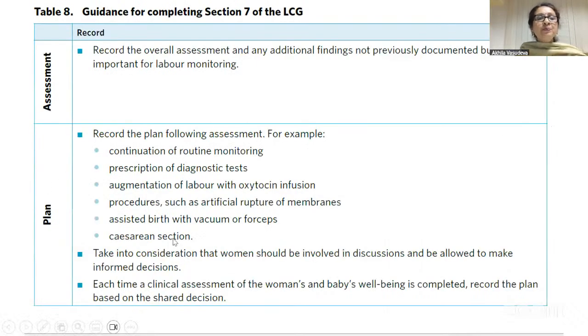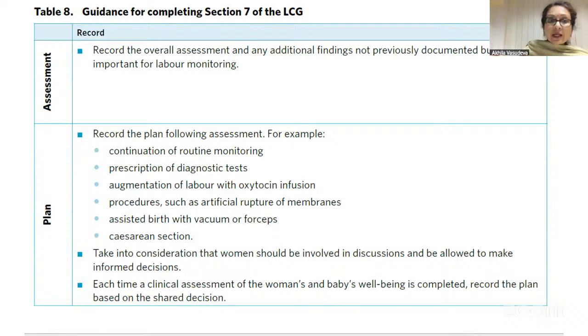For example, you say we have discussed everything, we are continuing the monitoring, or you say we have now ordered urine protein, or you say we have taken a decision now to augment labor because the alert line is being reached. Say for example, she is at 5 centimeter for more than 7 hours now. So definitely that is because of lack of contractions.